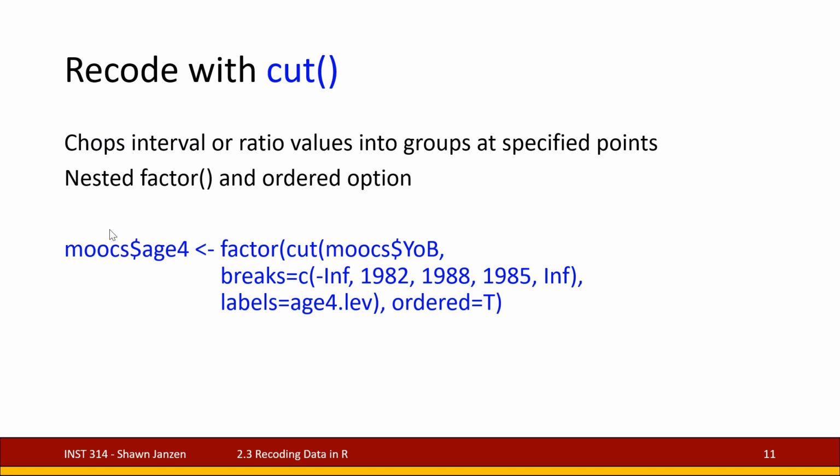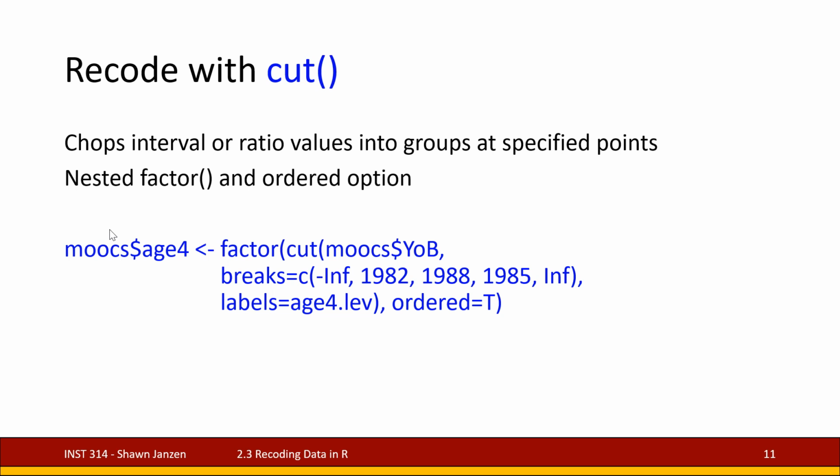Now that I have the levels, I'm going to put them into the recode here, and I'm going to start with cut. I'm using cut, and I'm nesting cut inside factor. That way I can double dip on my coding here and save a little bit of time. So we're looking inside of this at the moment. I'm going to use cut, and cut is specifically used for variables that are numeric. You cannot use cut with things that are factors and characters, things that already have text on them.